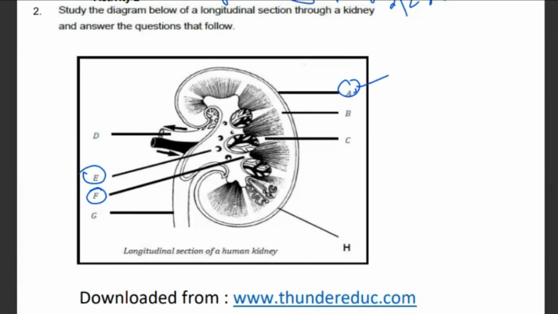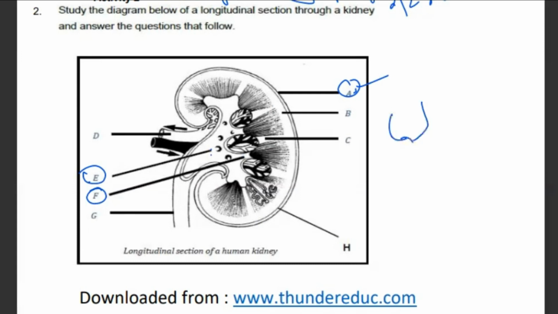We answered it at the beginning. Part E is, how do you call that? This space is the pelvis. Yes. And then part F. This is where the collecting duct is.